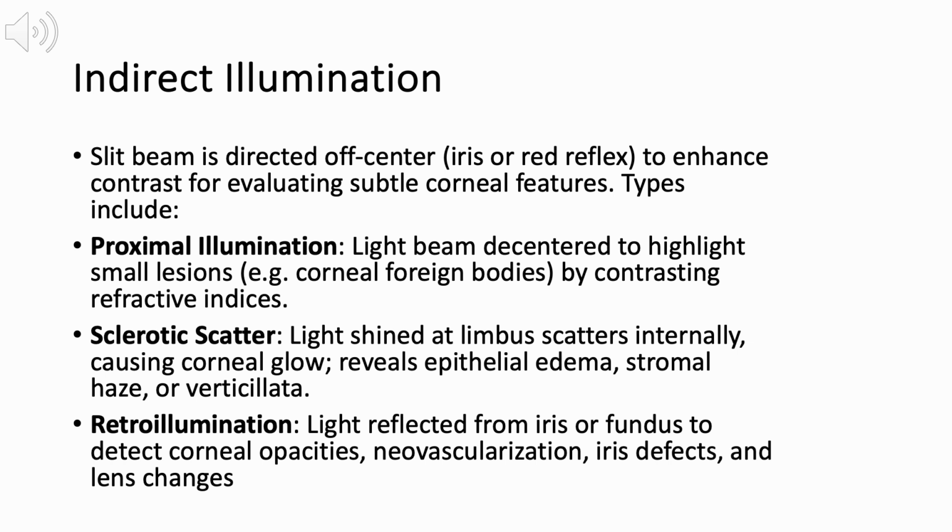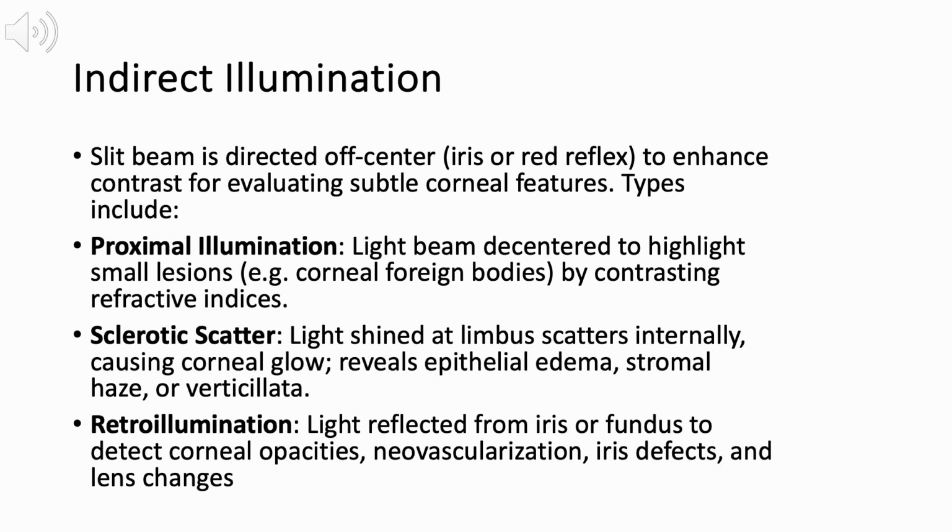In sclerotic scatter, light is aimed at the limbus, where it travels internally and causes the cornea to glow. This technique is useful for identifying epithelial edema, stromal haze, or corneal verticillata.